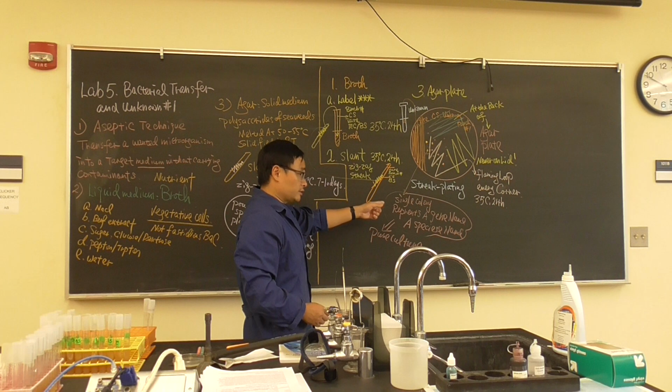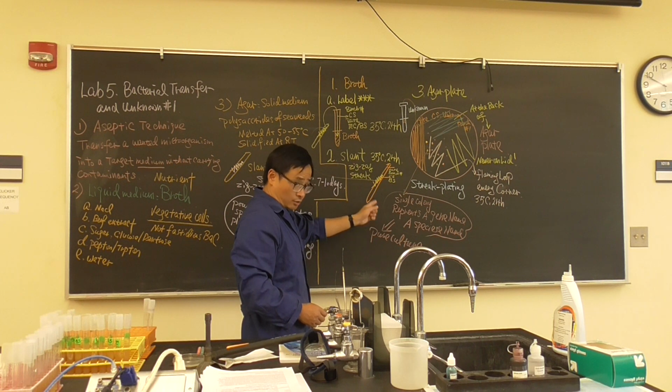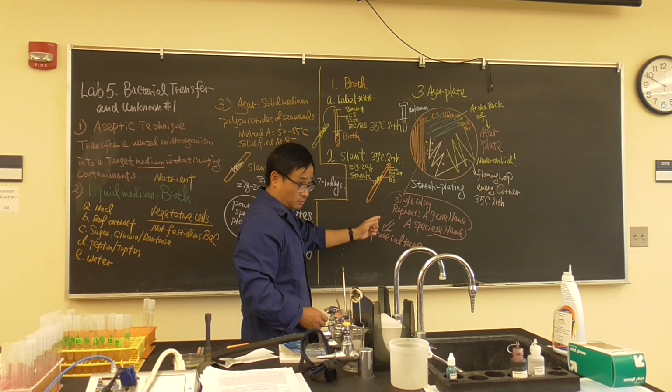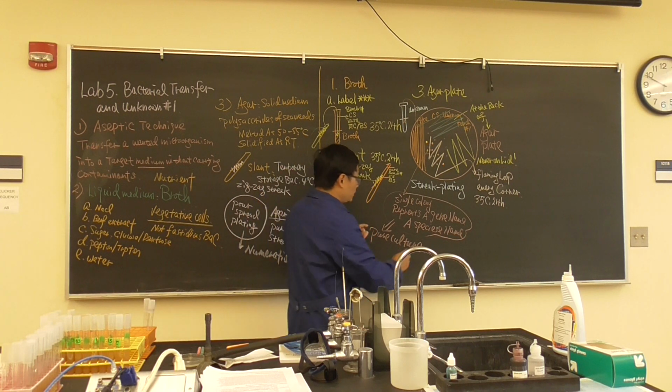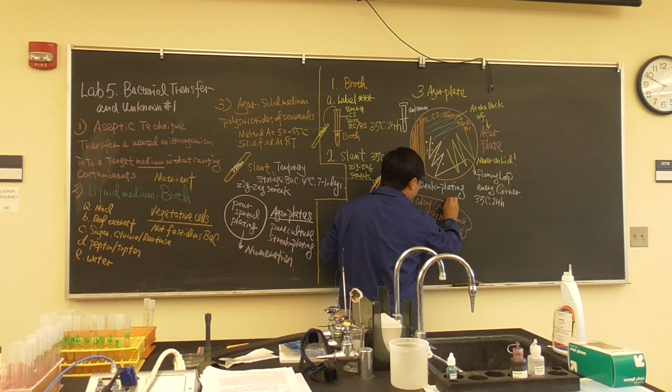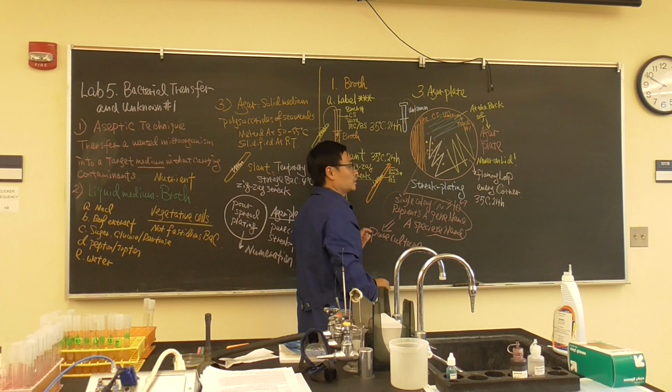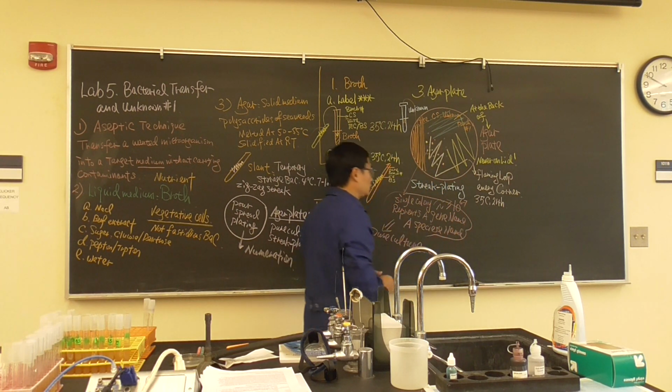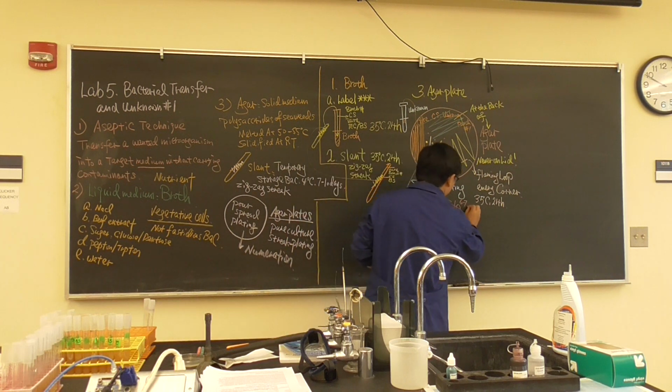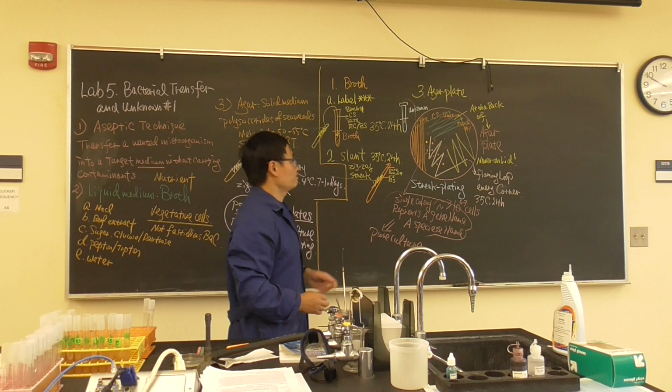But keep in mind, a single colony does not mean one single cell. It's a colony. So how many bacteria are there? Roughly at least more than 10 to the power of 6 to 7. Okay? Keep that in mind. It does not mean it's a single cell. It's a cluster. Okay?